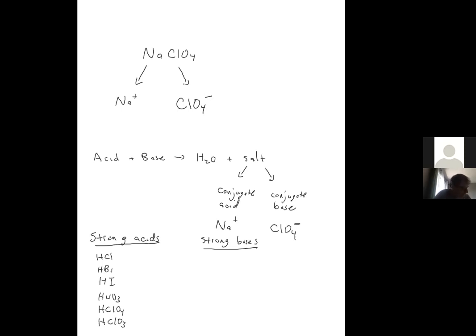Now, these strong acids are going to have very weak conjugate bases. So what's the conjugate base of HCl? Cl minus. It's just the negatively charged ion. The same would go for all these, so you just memorize those. The strong acids will have very weak conjugate bases. Weak meaning they don't have much effect on acidity.